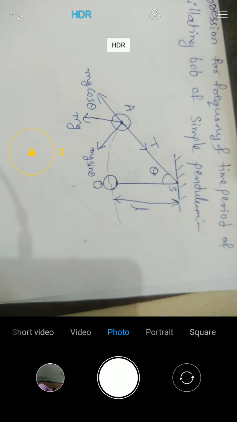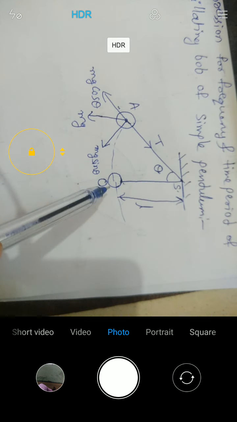A simple pendulum consists of a bob of mass m, suspended at a rigid support using a long inextensible thread, okay, that is not extensible, this does not have any elastic property.